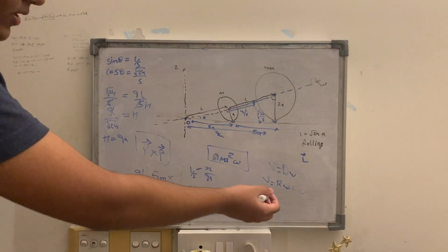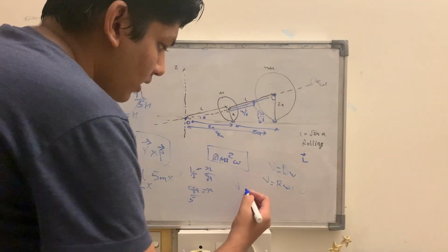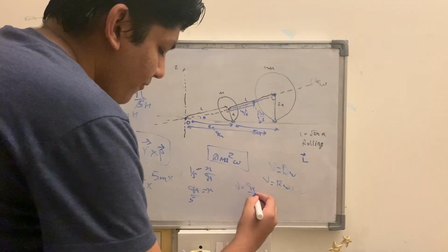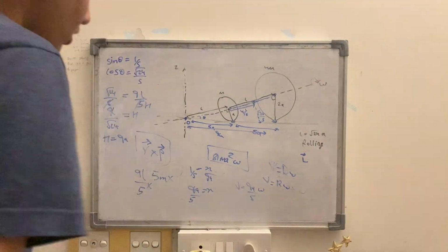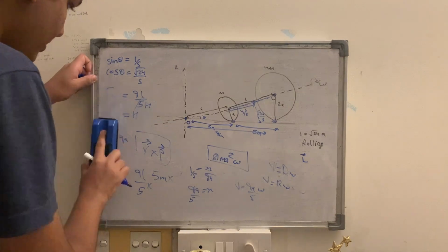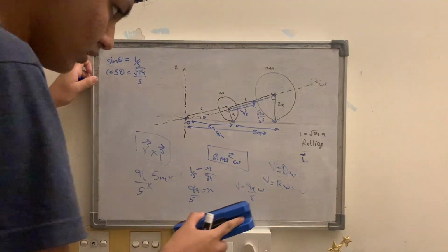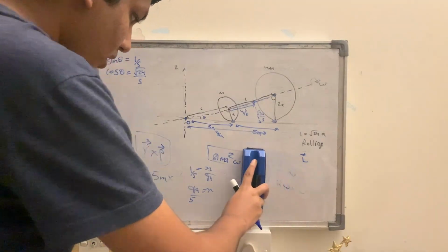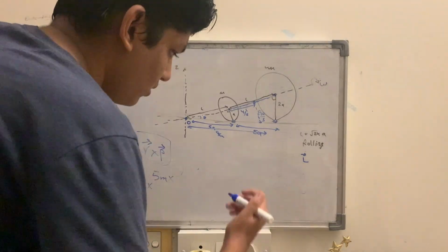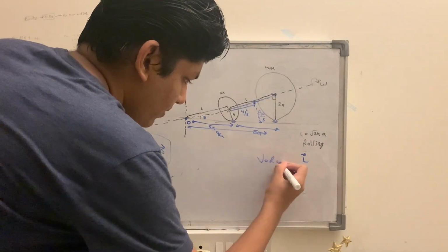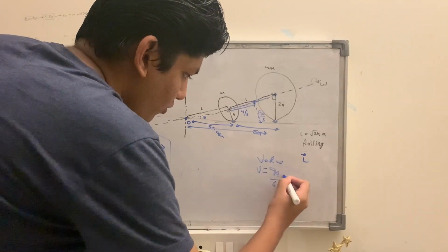Now what we know is V equals r omega. So V equals 9a by 5 omega, right? So let me erase all of this. V equals r omega, V equals 9a by 5 omega.